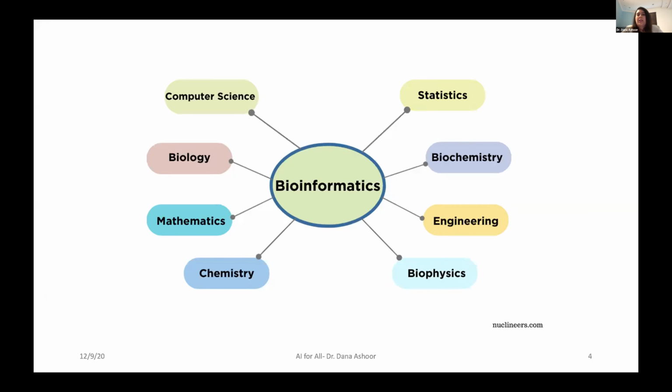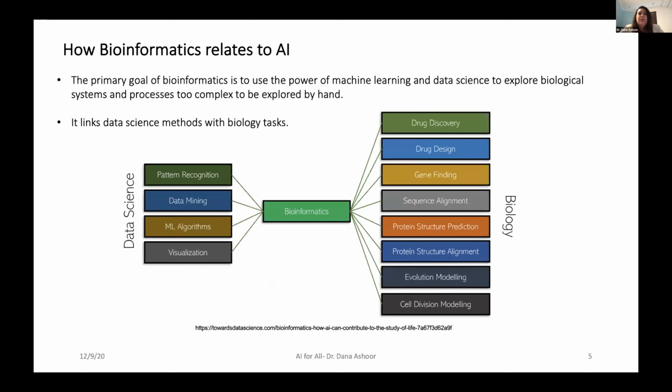We are very much in need of scientists specialized in this field. So a biologist can be a bioinformatician, and a computer scientist can also join bioinformatics if he has basic knowledge of biology. So how can we use bioinformatics and artificial intelligence?